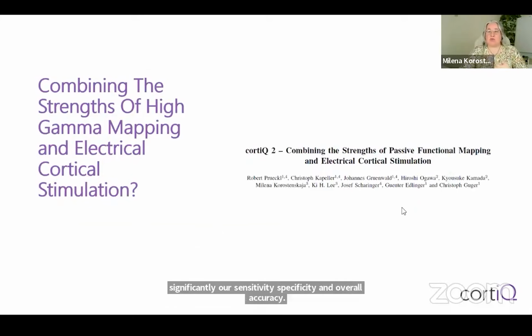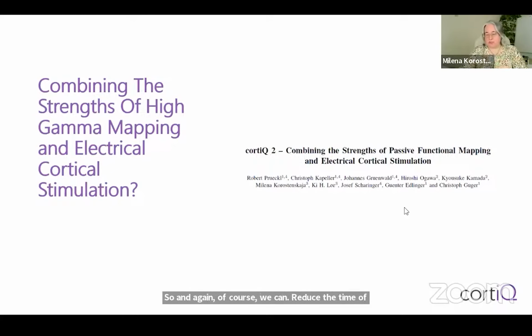And again, of course, we can reduce the time of cortical stimulation by navigating. First, doing the high gamma mapping, looking where we see the activation, especially because of the high sensitivity of the method, and then doing cortical stimulation mapping at that particular place.